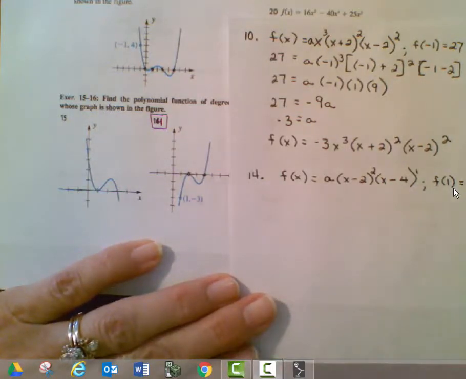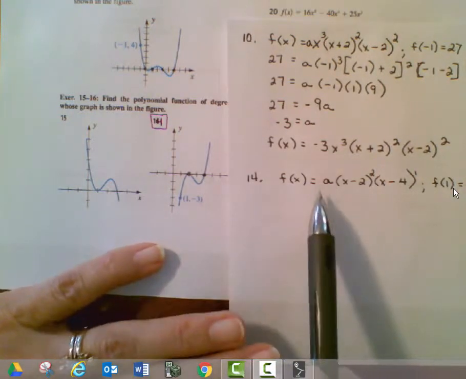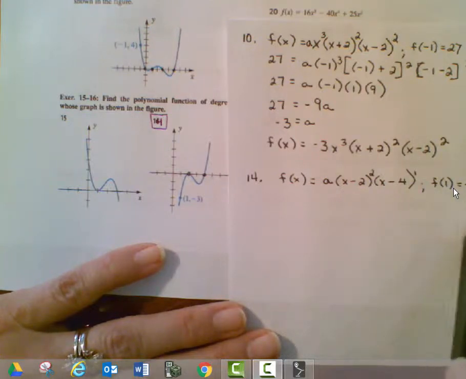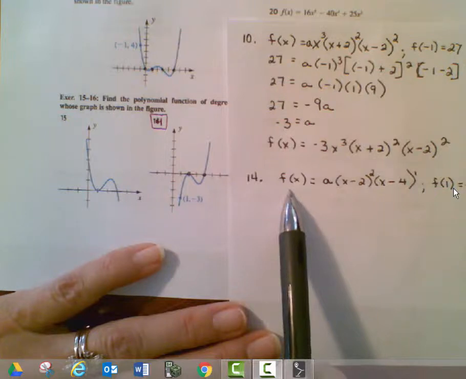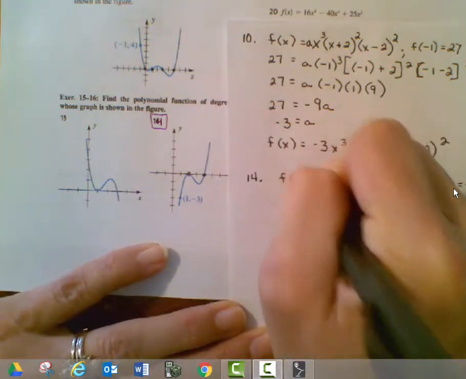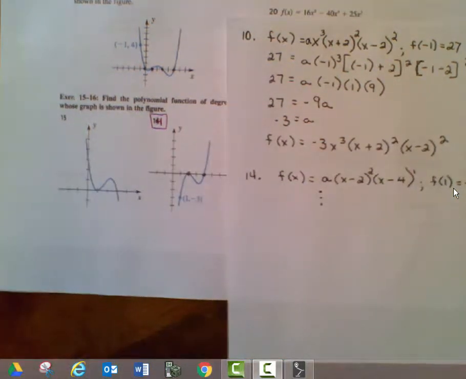I'm actually not going to finish this problem because we've done several problems now where we can find the coefficient that satisfies this last condition. Just let y be -3 when both of those x's are 1. Solve for the coefficient a, and then write the specific function that you're looking for. I think you have enough examples of that.